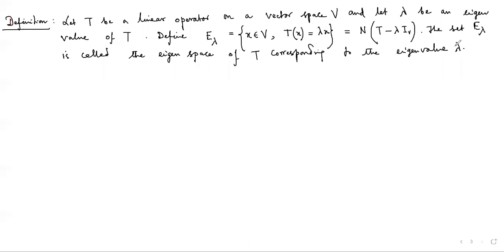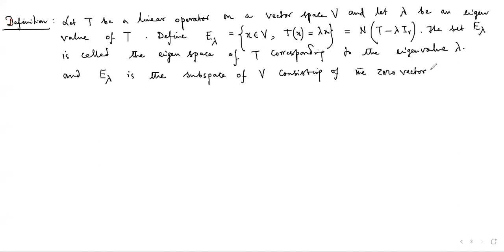And E lambda is the subspace of V consisting of the zero vector and the eigenvectors of capital T.